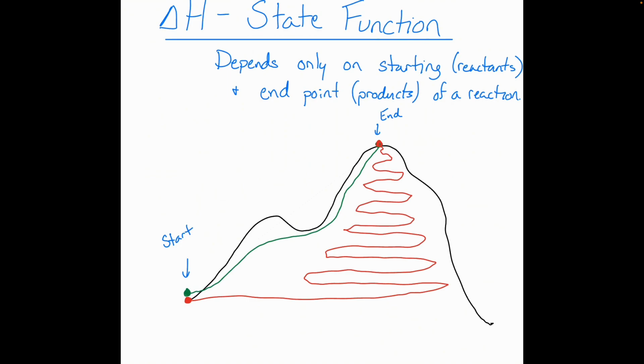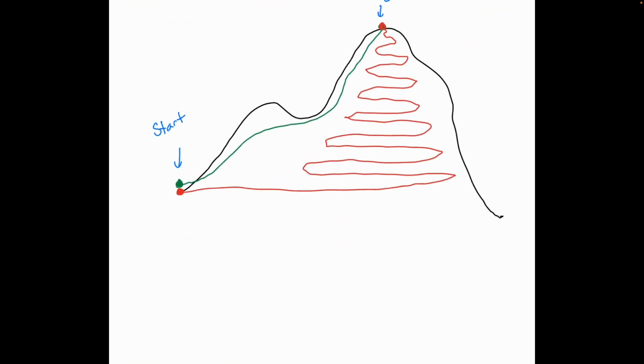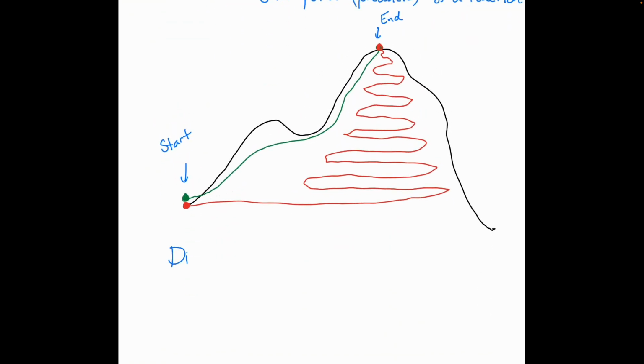All right? So in terms of the distance traveled, which hiker took the longer distance, the longer path up that mountain there? My red hiker, right? So red was longer than the green path.